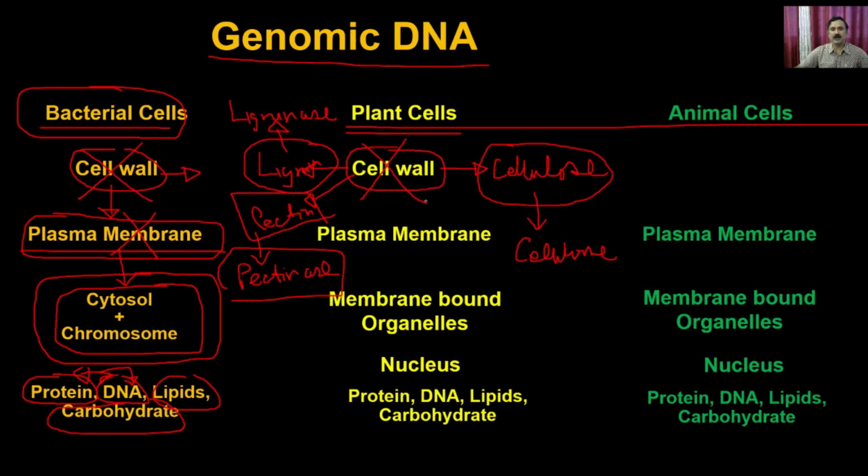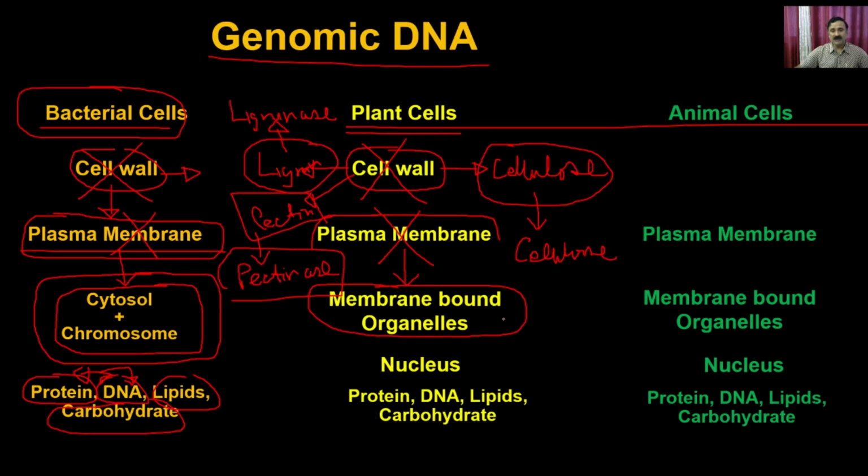And once it degrades the cell wall, you are going to access the plasma membrane of the plant cells. Now, once you degrade the plasma membrane, compared to the prokaryotic cell, you are going to get the membrane bound organelles. In these membrane bound organelles, you are going to have the nucleus.